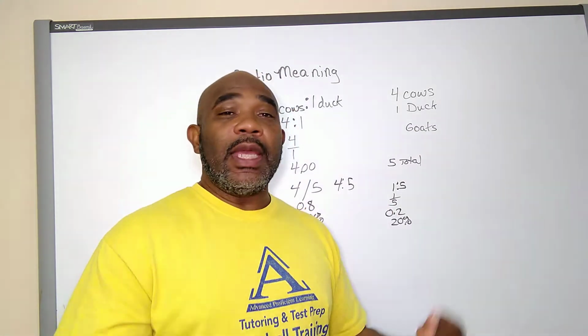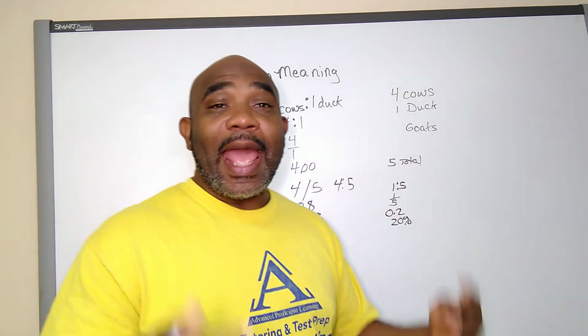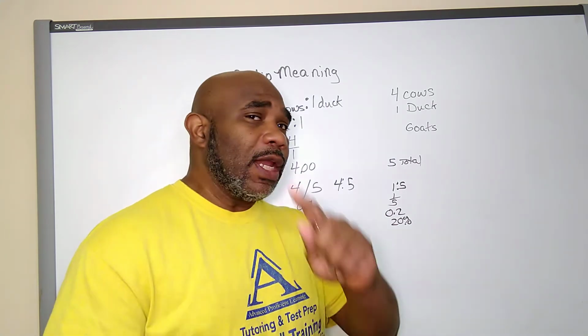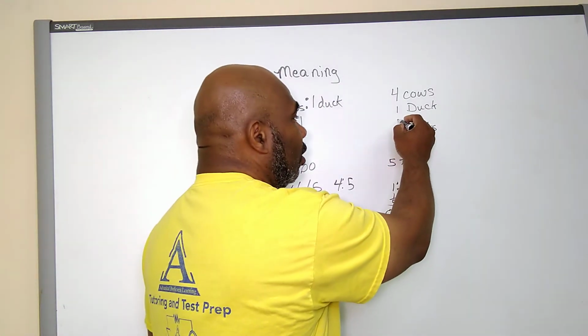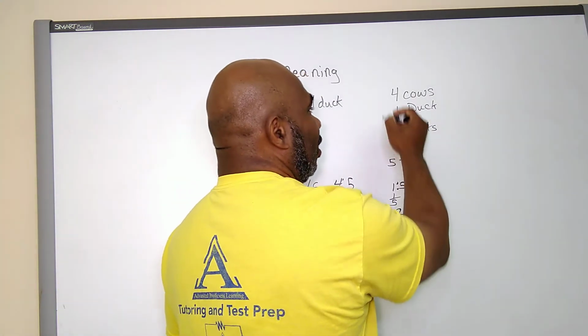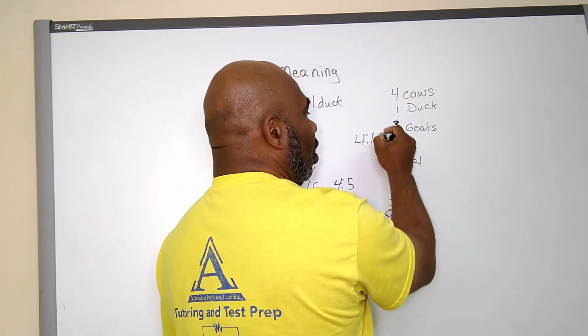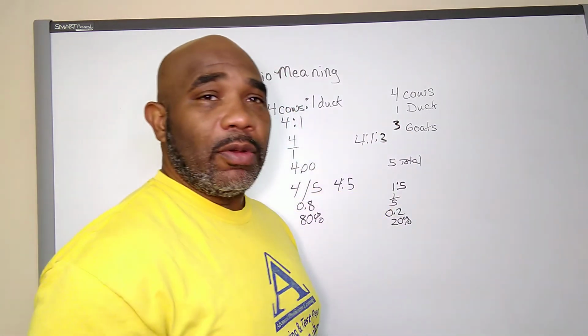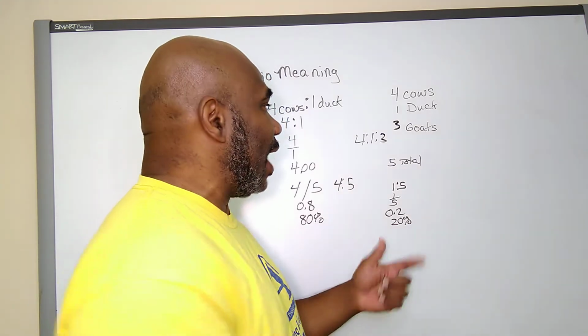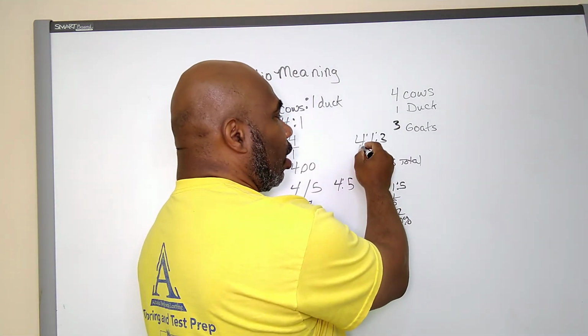So again, the simplest math definition of ratios is just a way to express 2 or more numbers. And I did say more because what if you had 3 goats? It would now be a 4-to-1-to-3 ratio. And if I was talking about the ratio of cows now to animals, well, 4 of them are cows.